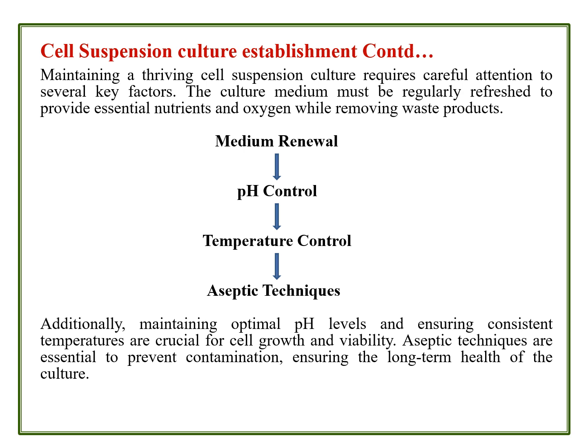Unnecessary gas or foam will be generated because of lower pH conditions or higher temperatures and high humidity, and it must be cleared, so activated charcoal can be used to control these chemical contaminants. Additionally, maintaining optimal pH levels and ensuring consistent temperatures are crucial for cell growth and viability. Aseptic techniques are essential to prevent contamination, ensuring long-term health of the culture.